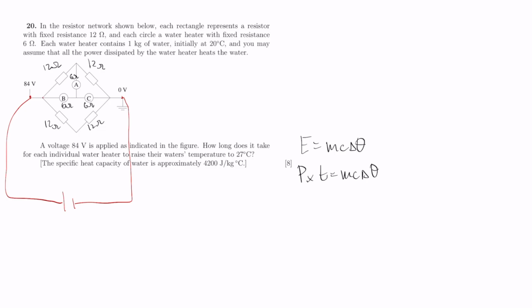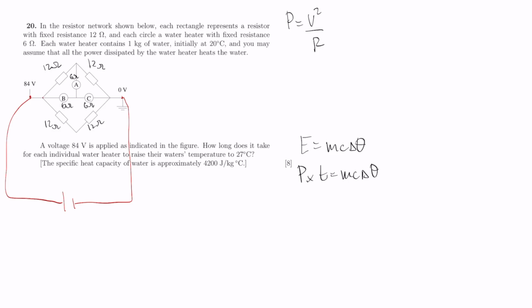Okay. So once we figure out our power, we're essentially in business. So the way we could figure out the power, because we have the resistance, would be to use that power is equal to V squared divided by R. How are we going to figure out the voltage across them? Well, let's just use Kirchhoff's second law.